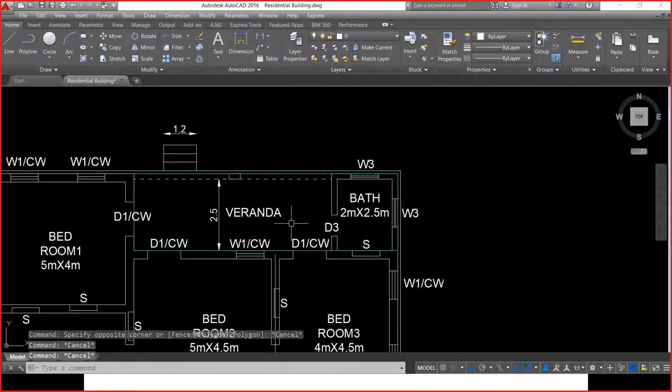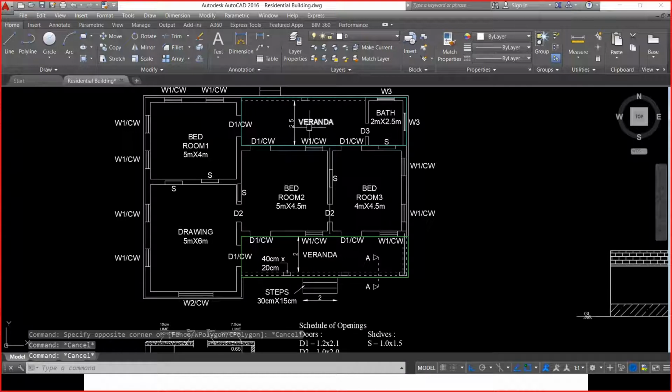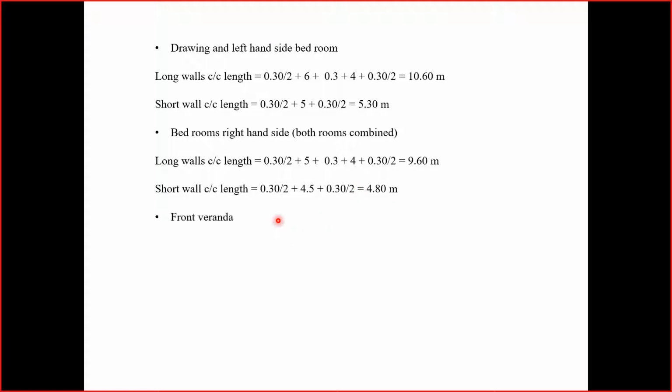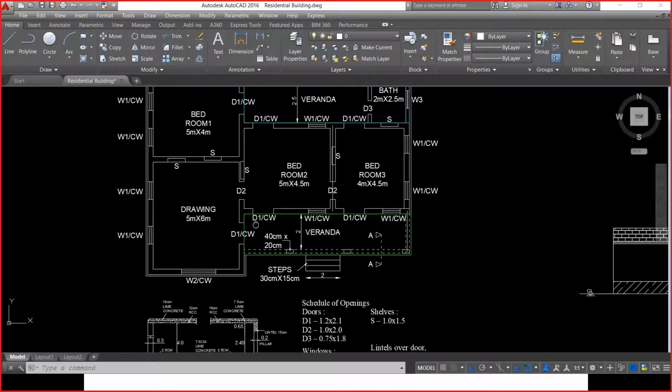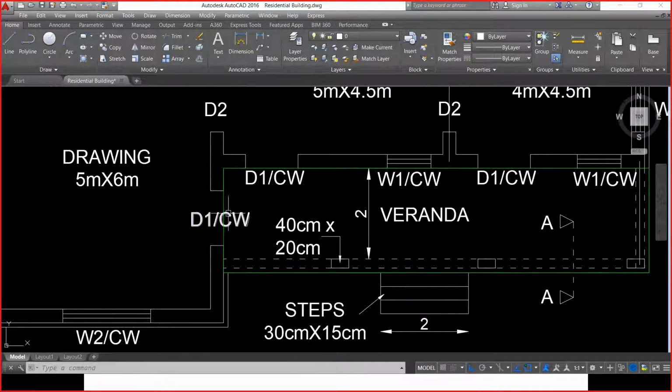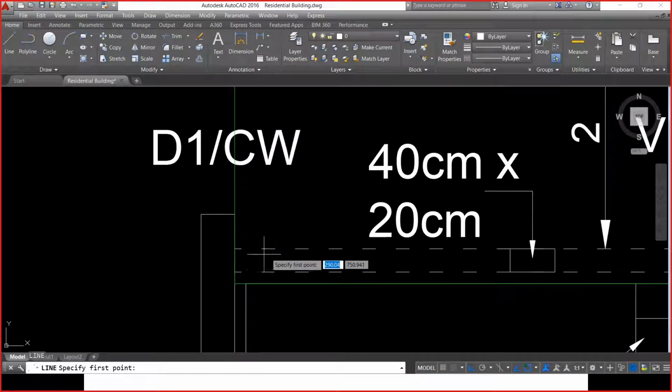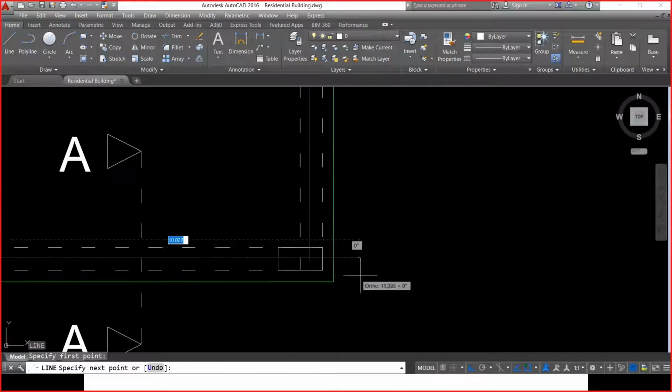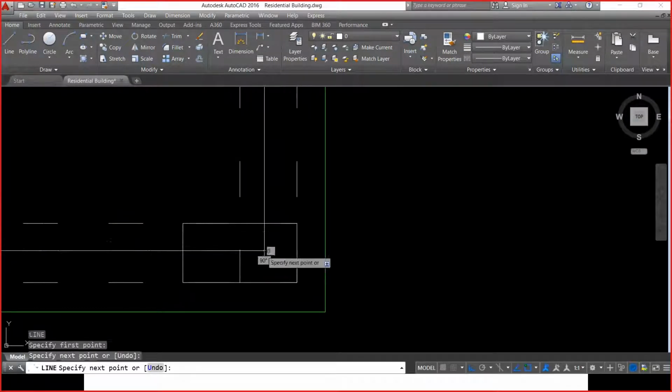So totally I have to do the area calculation, or center to center distance between the walls, for the front veranda and back veranda. Let me consider the front veranda, center to center distance between the walls. How to do that? Let's see. When I say center to center distance between these walls, it starts from here all the way till here.